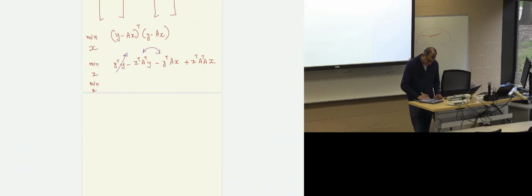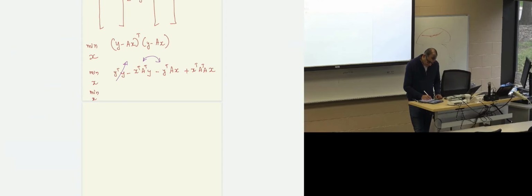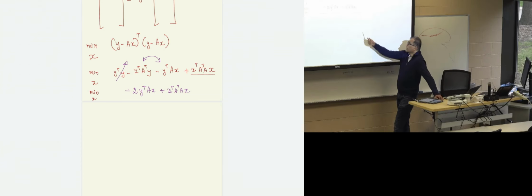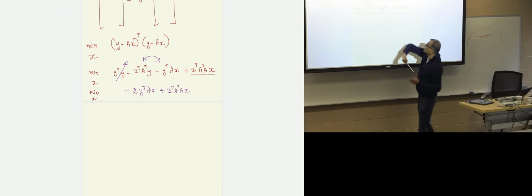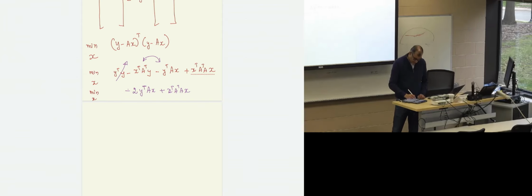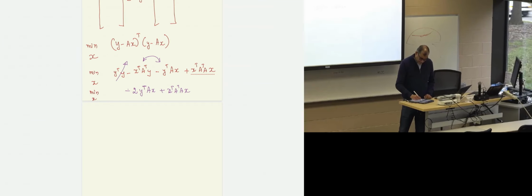So this is the same as minimizing minus 2 y transpose Ax plus x transpose A transpose A x, because these are 1 by 1 matrices. And now you can differentiate it.